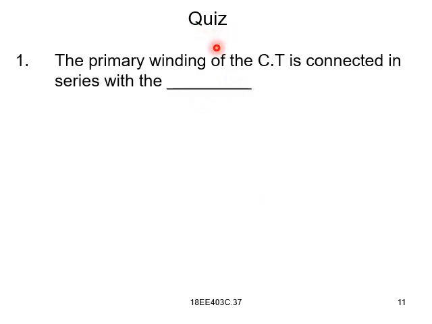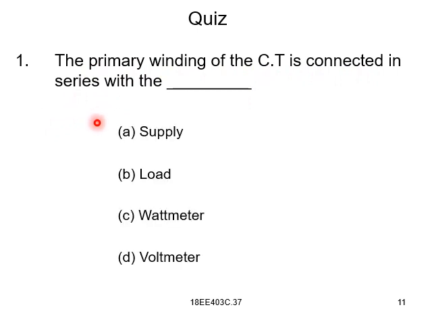So moving on to a small quiz. The primary winding of the CT is connected in series with the supply, a load, a wattmeter, or a voltmeter. Just guess the answer.